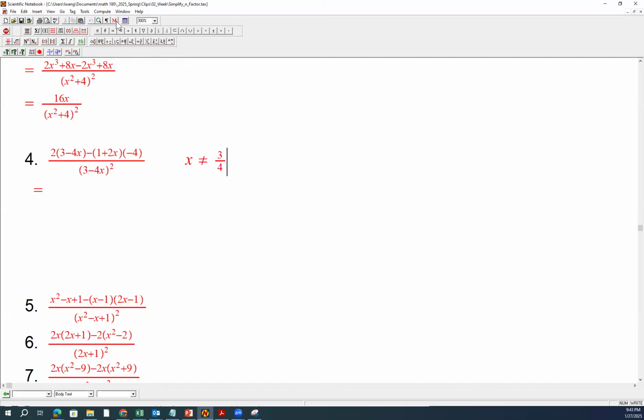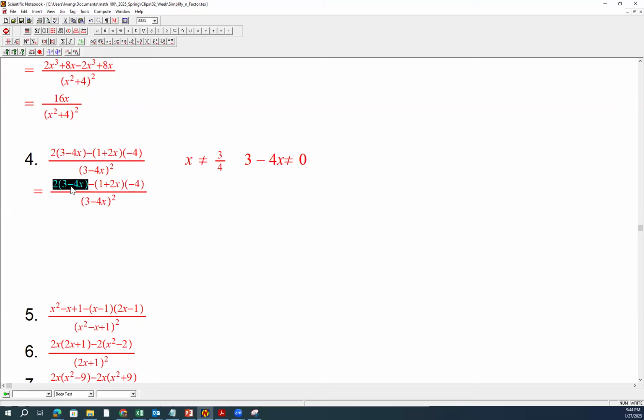You basically set 3 minus 4x equal to 0, or not equal to 0, it's up to you, you just have to figure out that logic. Then of course x is not equal to 3 over 4. Add 4x to both sides, then divide both sides by 4.